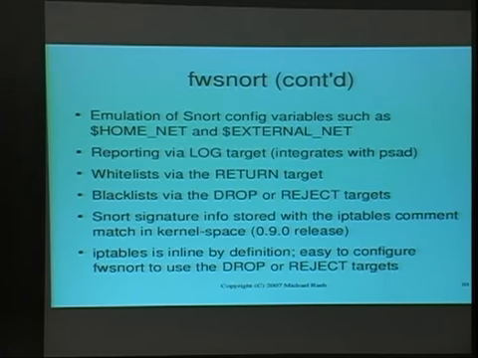So FWSnort, or any intrusion prevention system, anything that has the capability of responding to application layer attacks, should, and if you're interested in this kind of thing, you should be asking, does it offer the capability of whitelists and blacklists?